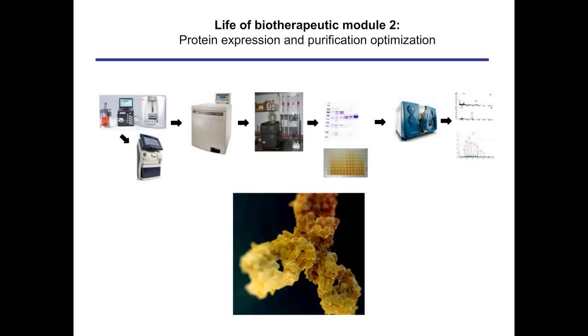So after a specific target has been identified, then typically a workflow moves forward to express either the protein targets themselves for further analysis, or to make antibody-based biotherapeutics, which I show here in the yellow.